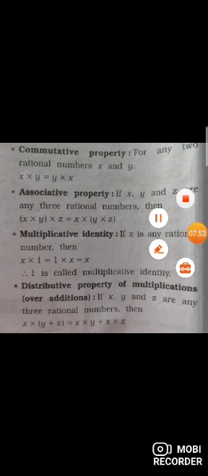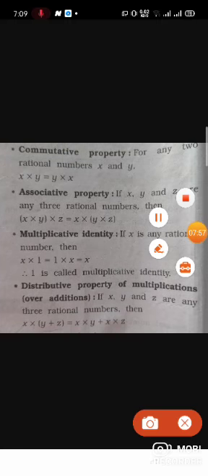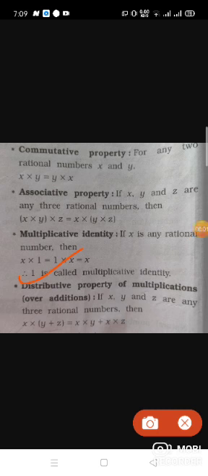Now dear friends, we are going to see the distributive property of multiplication over addition. So if x, y and z are any three rational numbers, then x into (y plus z) is given.